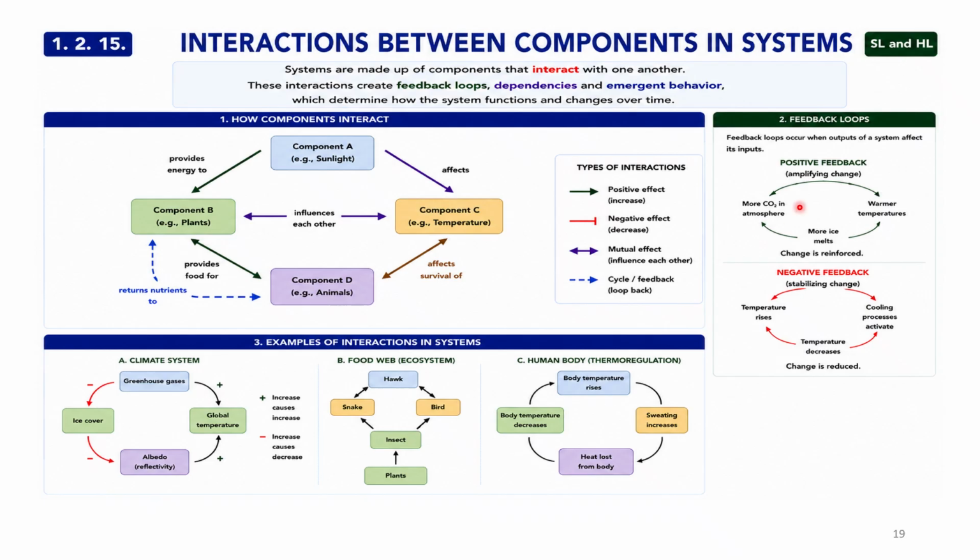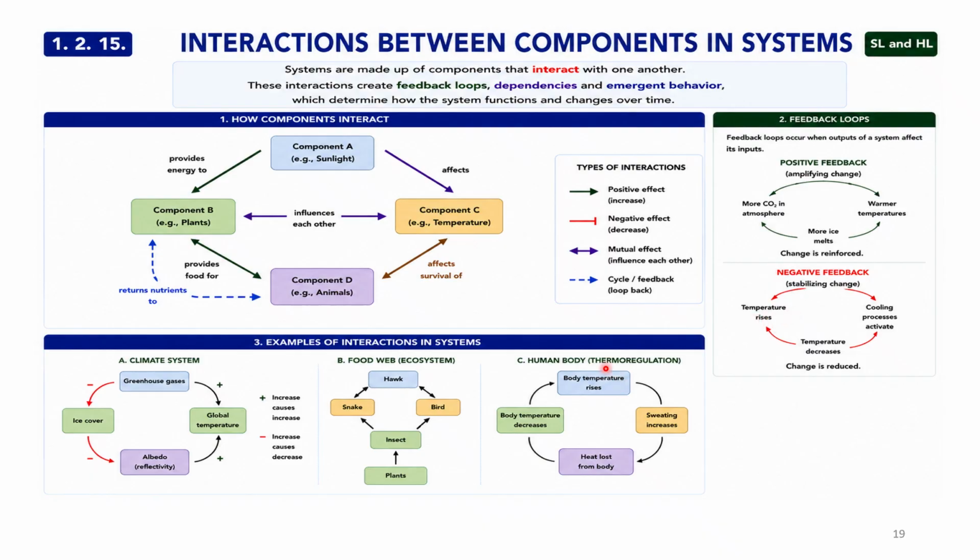A key concept is the feedback loop. In a positive feedback loop, change is amplified. For example, rising global temperatures melt ice, reducing Earth's albedo, which causes even more warming. In a negative feedback loop, change is stabilized. Human thermoregulation is a classic example.